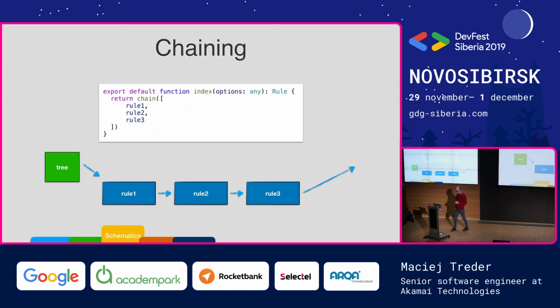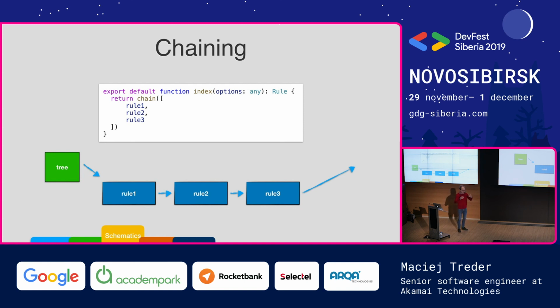What's great about rules is that rules are chainable. So I can take together a couple of rules, I can write them in separate files, or I can use external rules from other schematics, from other developers. Let's say I just want to enhance the existing schematics.